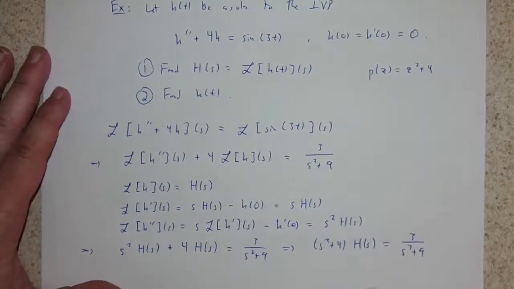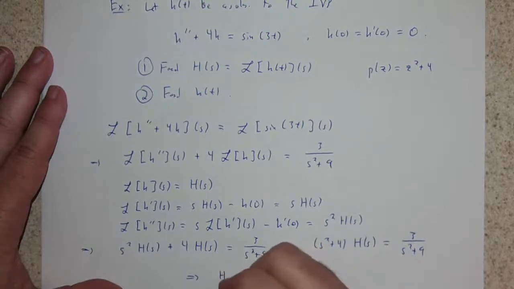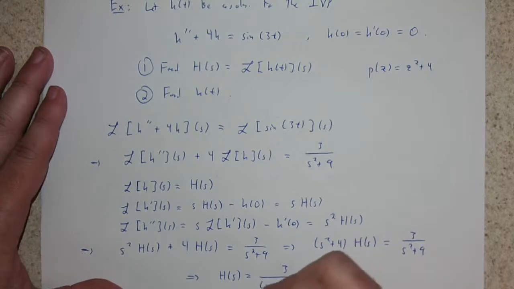Okay, and so to solve for big H, I'd just divide through by s squared plus 4. So big H of s is 3 over s squared plus 4 times s squared plus 9.